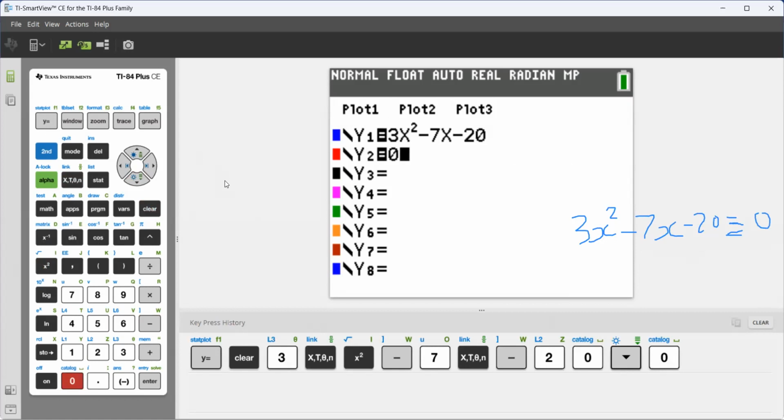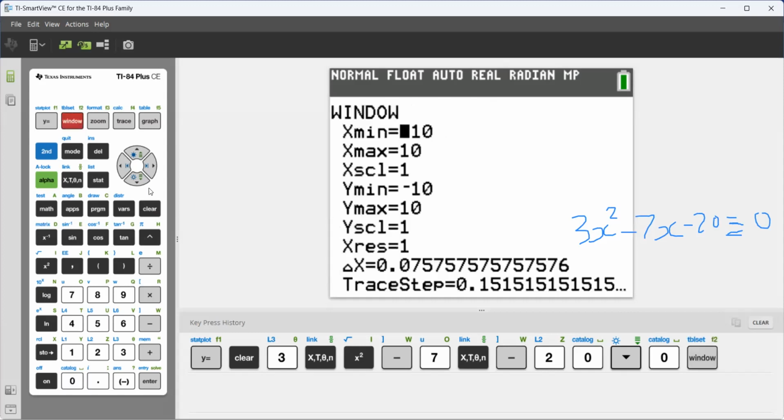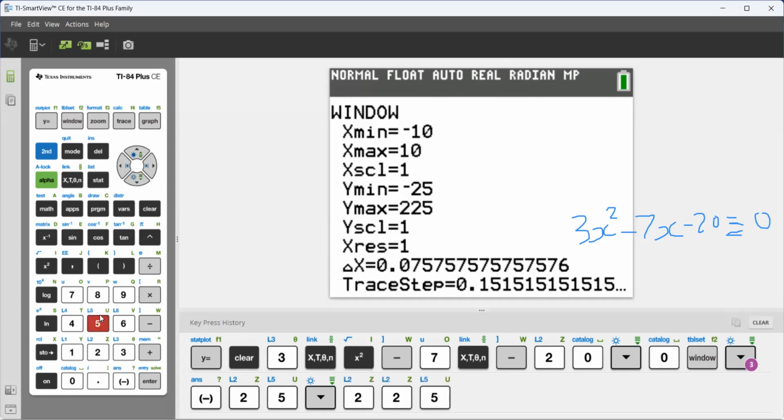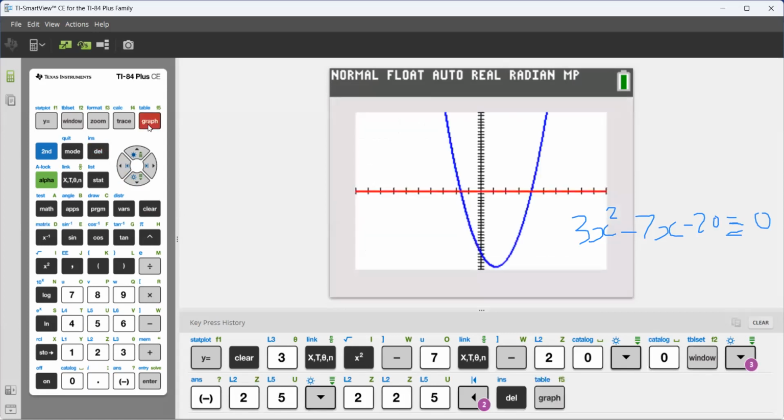Now, with my y-intercept, I know that I have to, at least I'm going to start from increasing my y values. I'm just going to do that and see what I get for my window. I'm going to graph. Oh yeah, that's nice.